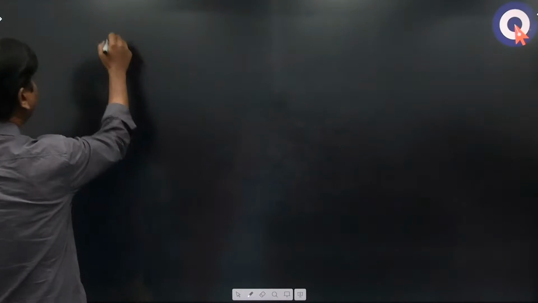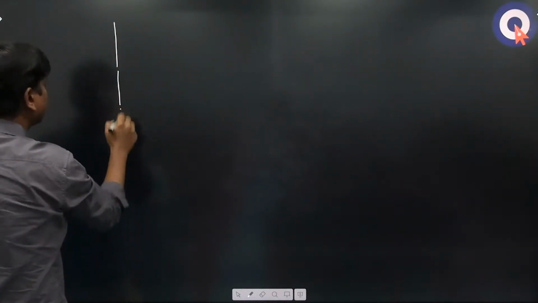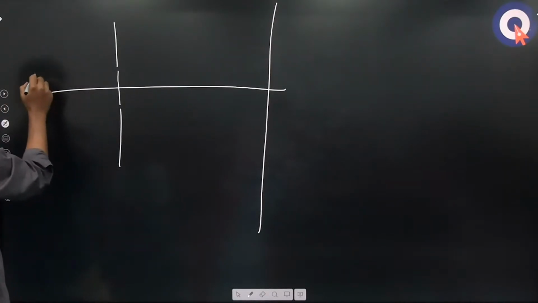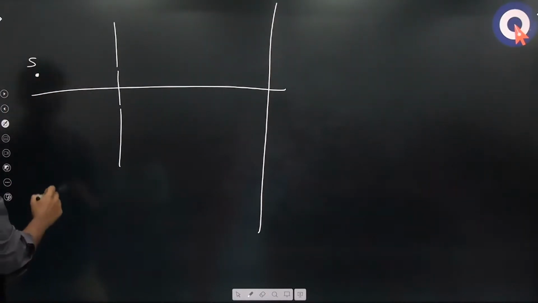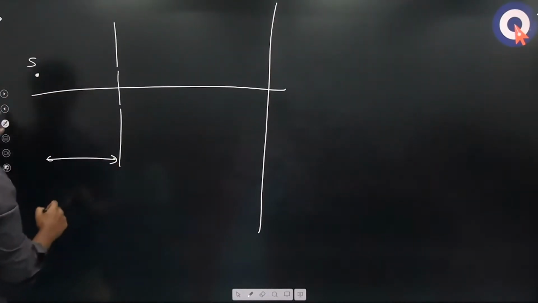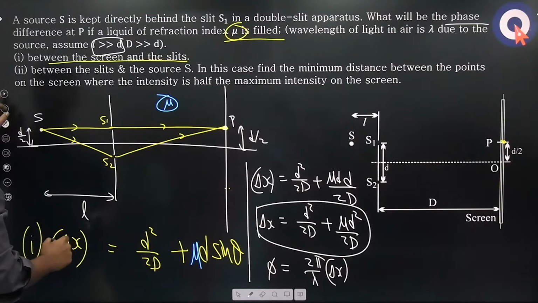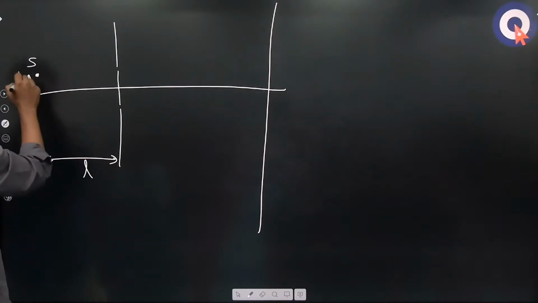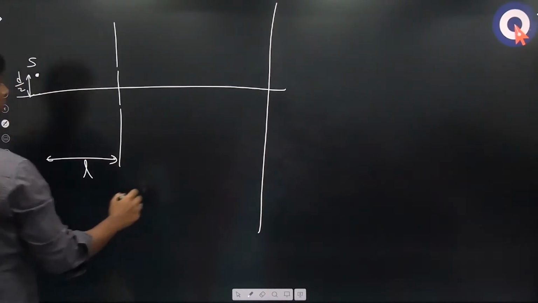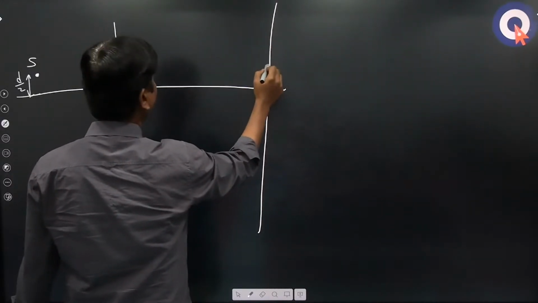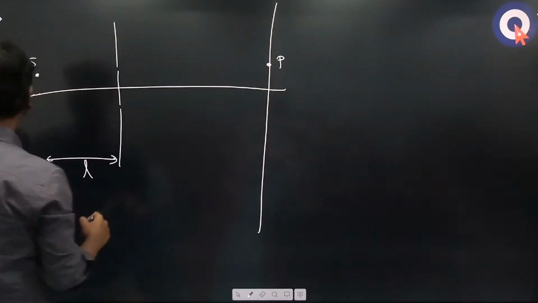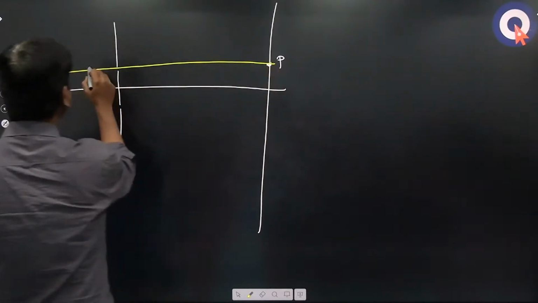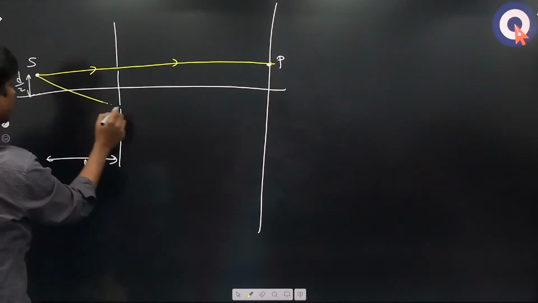Again I'll write. Now I'm keeping the source over here, right? This distance is assumed as L. And you are selecting the same point P. Now this is coming like this.